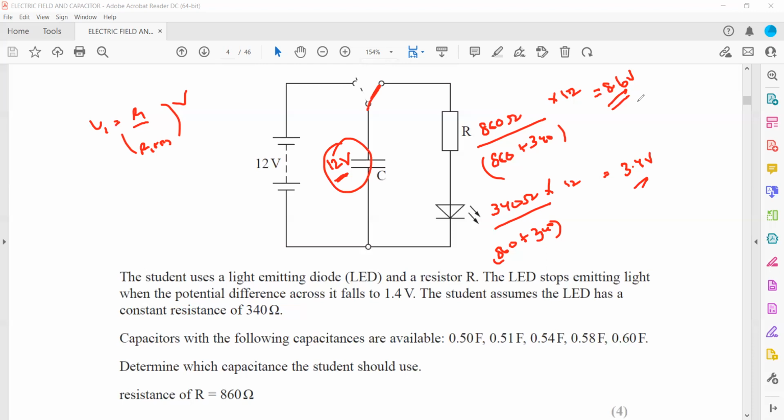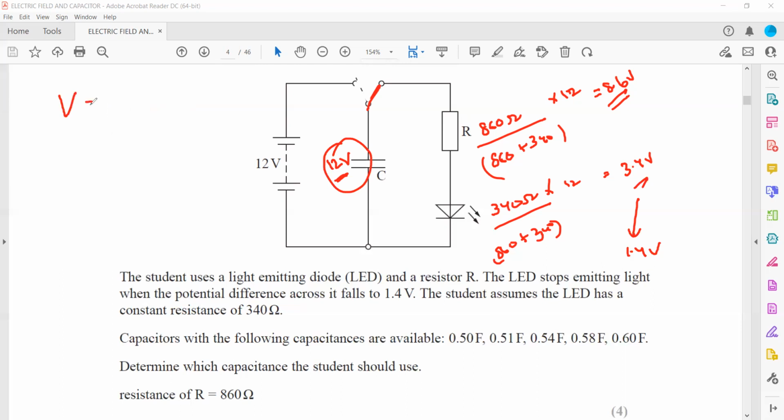But what is the smallest operating voltage? As I mentioned, once it reaches 1.4, the light emitting diode will not work. The charging or discharging of a capacitor is exponential. So we will use a formula because the capacitor is discharging through this fixed resistor and LED.